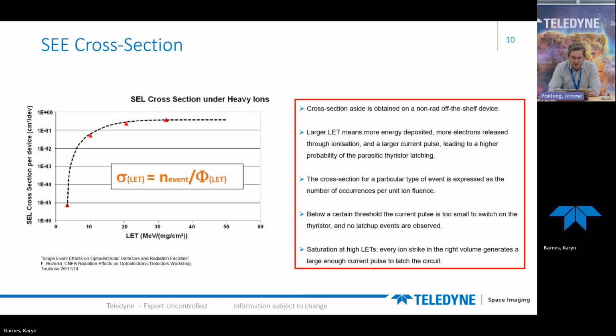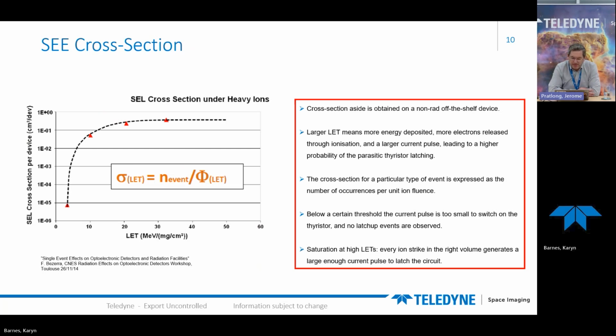This is a typical representation of a post-radiation test, which is the single event latch-up cross-section per device, with on the x-axis the LET at which it was tested. This is an example of a non-rad-hard off-the-shelf device.